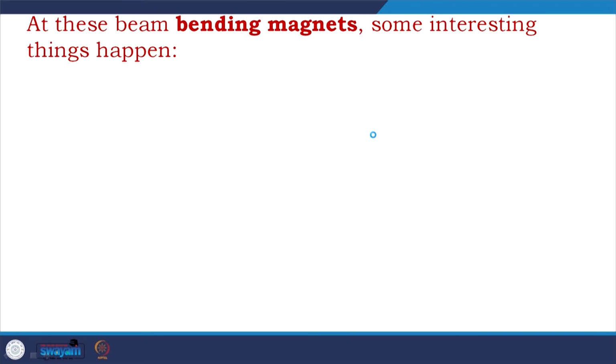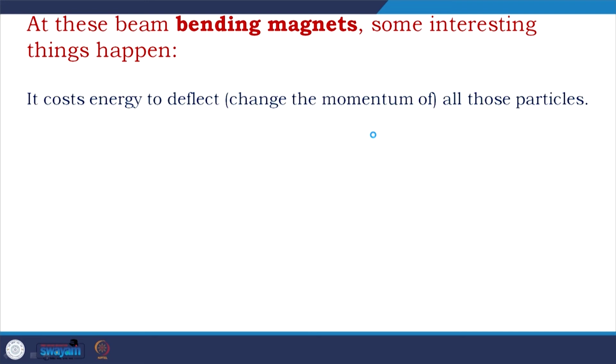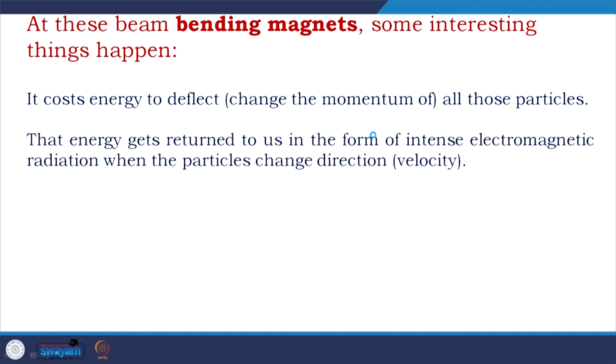At these beam bending magnets, some interesting things happen. It costs energy to deflect, to change the momentum of all those particles. That energy gets returned to us in the form of intense electromagnetic radiation when the particles change direction.